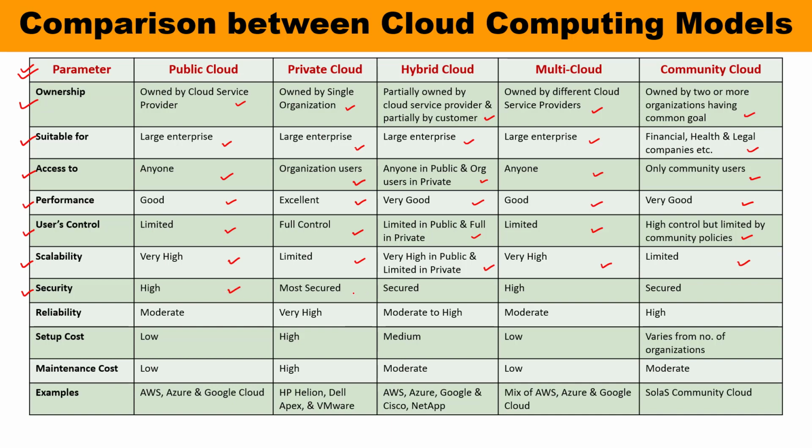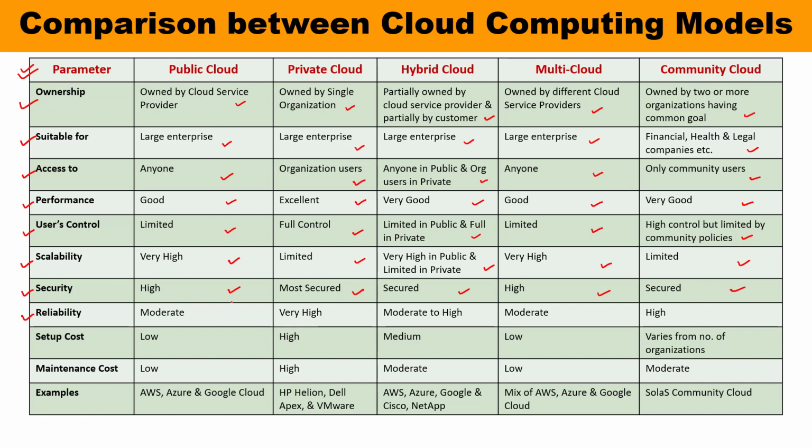But security is very high in case of the private cloud because that is meant for a particular organization. That is why this is the most secured one. For hybrid, it is secured. For multi-cloud, it is high. For community, it's secured. But among all these, private clouds are very secure.